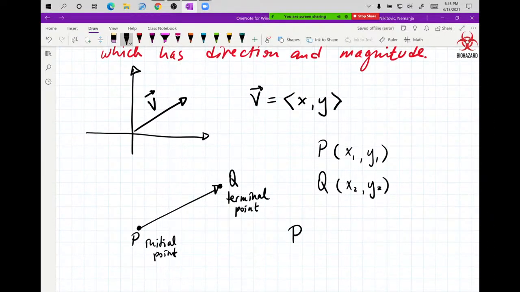So the vector PQ is the terminal point minus the initial point. So, x2 minus x1, comma, y2 minus y1.